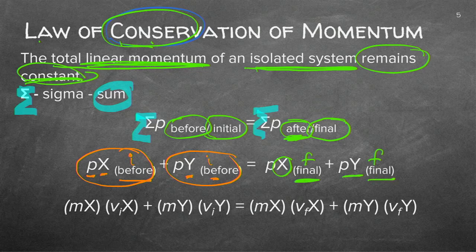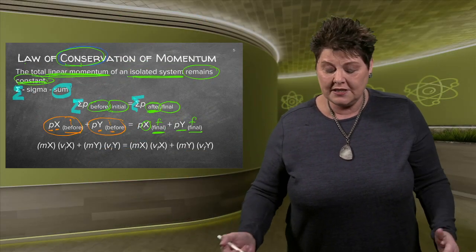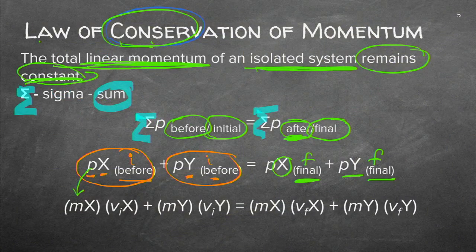The easy way to put your equation into the way that you're going to do your calculations is to expand this. So momentum is m times v. So this is m times v initial of what? Of body X. Plus, remember it's a plus, it's the sum. What?